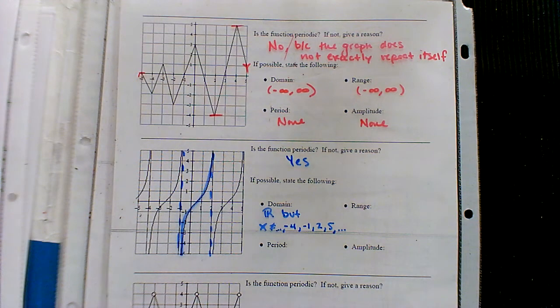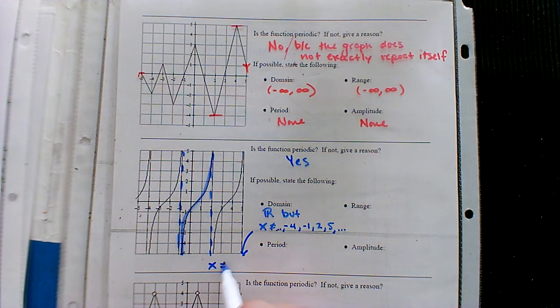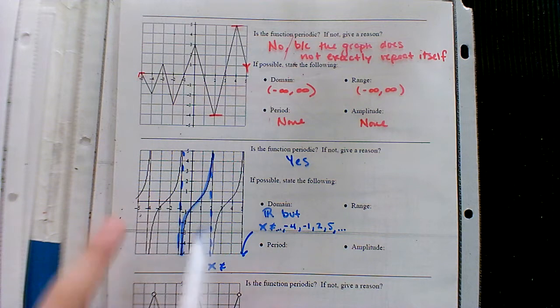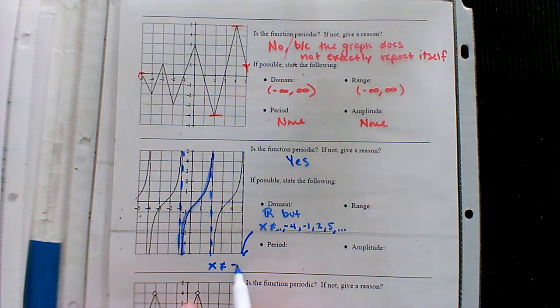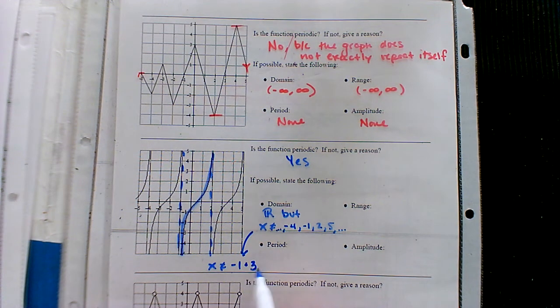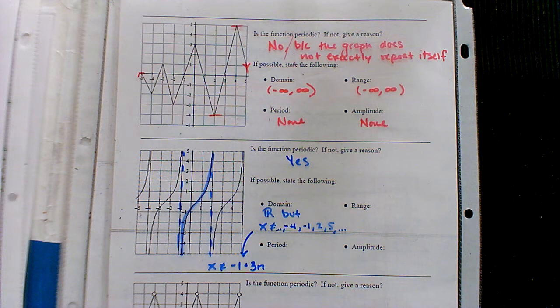Say it again? All right, so there's our rule. Okay, so this is what I meant by a rule. X cannot equal, let's see, pick any asymptote you want to start with. It could be -1, it could be 2, it doesn't matter. And if it's every 3, like Maddie noticed, maybe we'll go ahead and write +3n, where n is the number multiple that you want to add on.